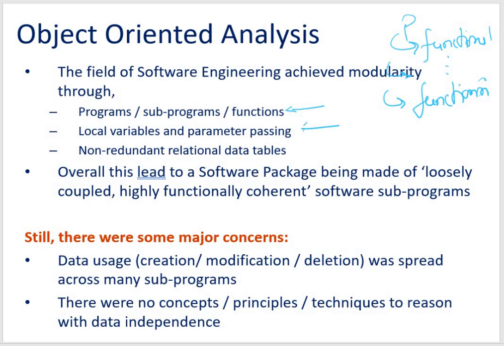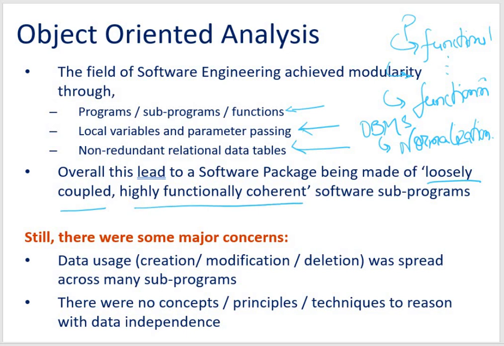And then local variables and parameter passing is done. The non-redundant relational data tables are used. Recall your classes from the DBMS course where we went for database normalization. So overall this led to a software package being made of loosely coupled and highly functionally coherent software subprograms.